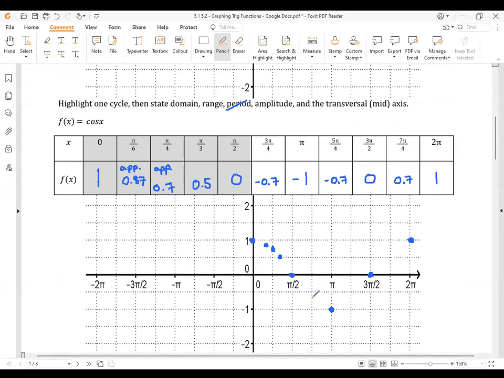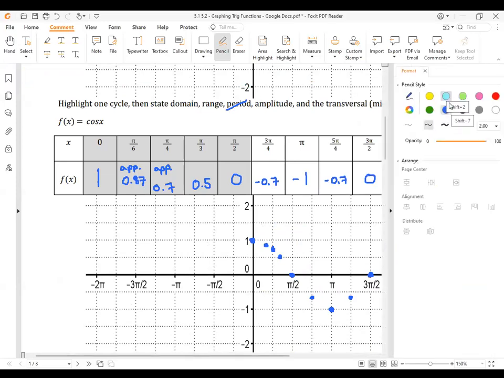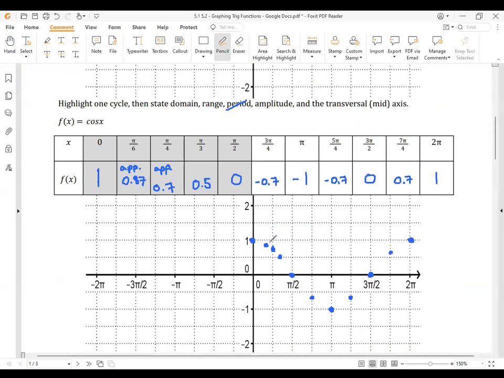Then it goes to 0.7, negative 0.7, positive 0.7. Once again, please try to draw the nicest curve possible with these semicircles. Oof, it's a little rough.